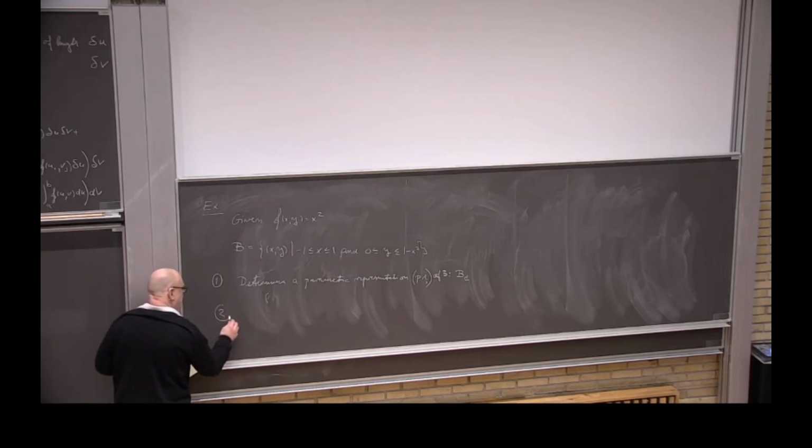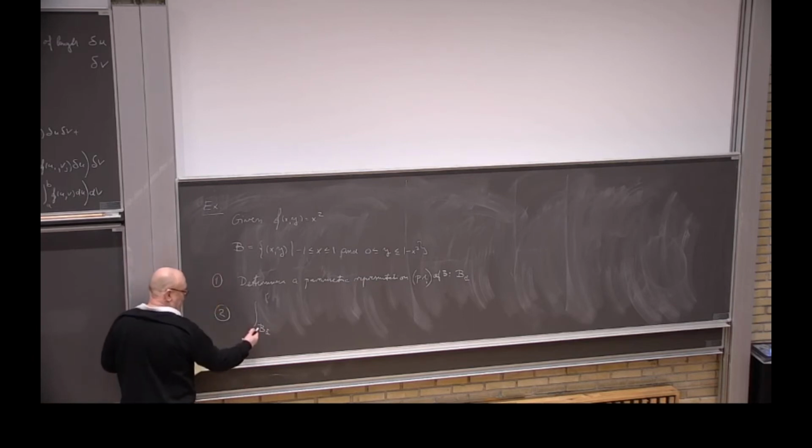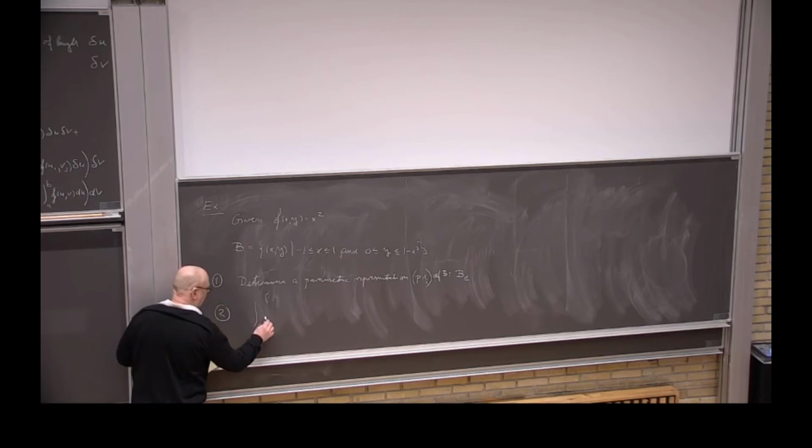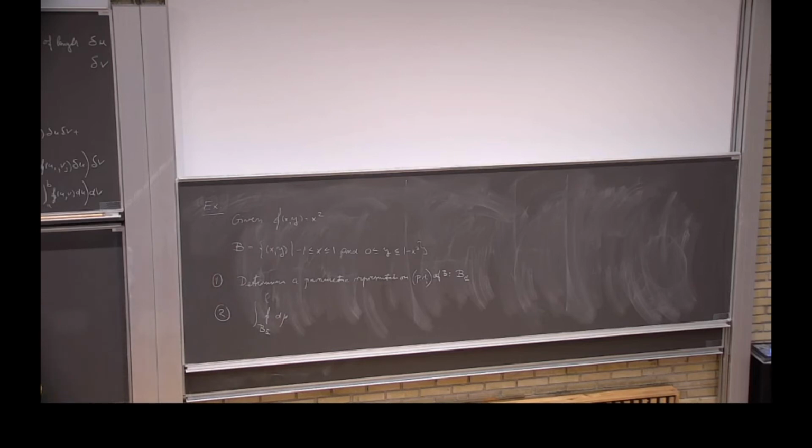And when I've done that, I'll compute the integral over this area of my mass density like this. So what does this mean?